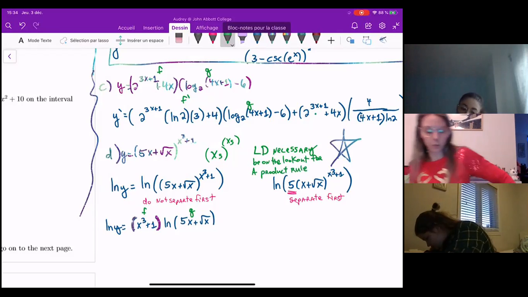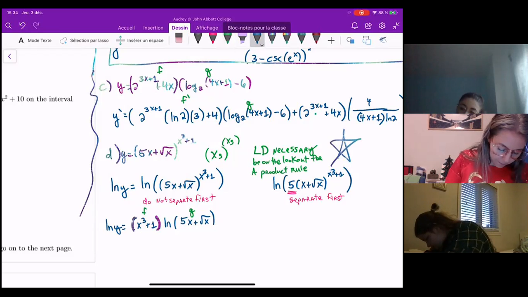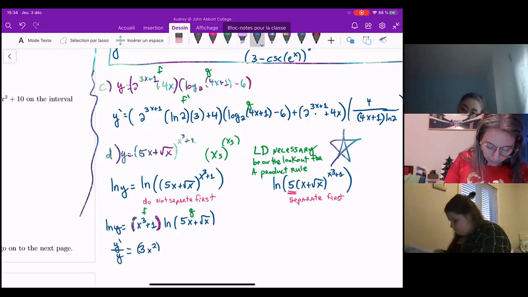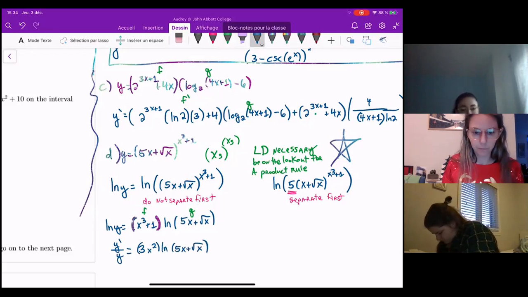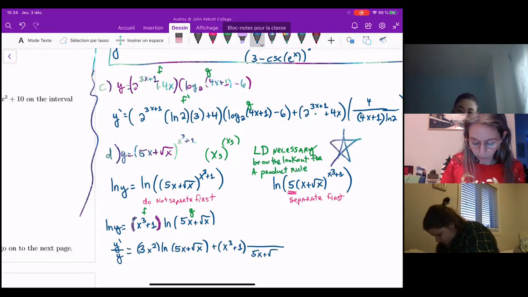So I'm going to do my product rule now. I'm going to have y prime over y is equal to 3x squared ln of 5x plus the square root of x plus x cubed plus 1, 5x plus the square root of x, 5 plus 1/2 x to the negative 1/2.